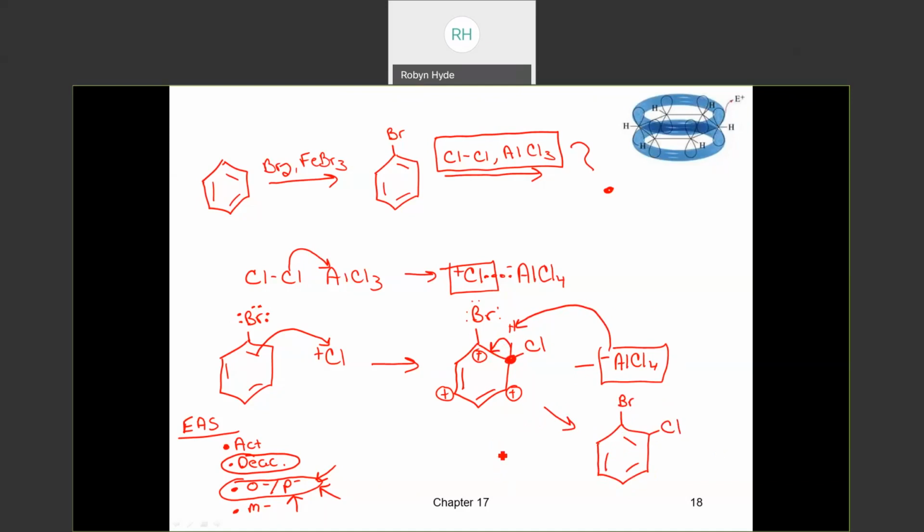Okay, so what do you think? If I were to send you into the lab and do this chemistry, do you think you'd get 100% yield? Would it be 75%? Would it be 50%? Would it be 25%? What is your gut instinct? How much product am I going to get? Well, if I were predicting off the top of my head, I'm going to go 25 to 50% at most.